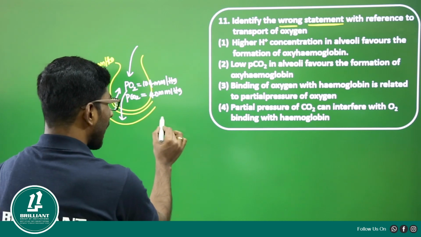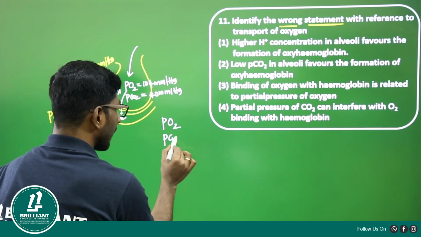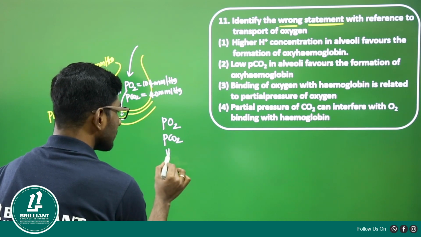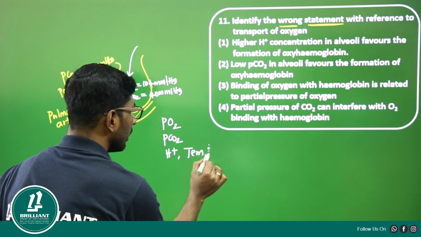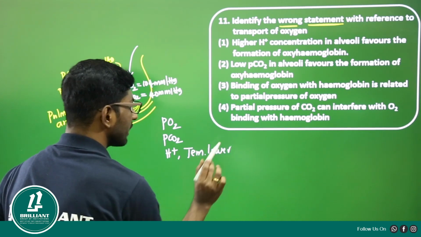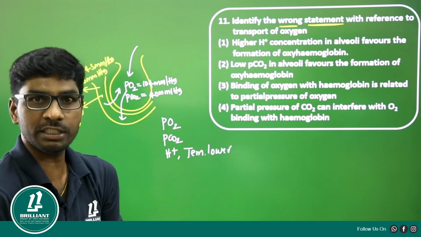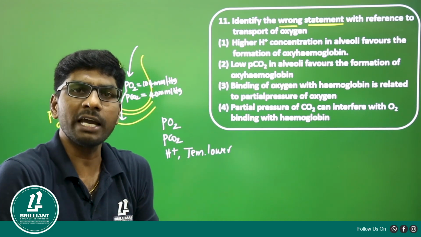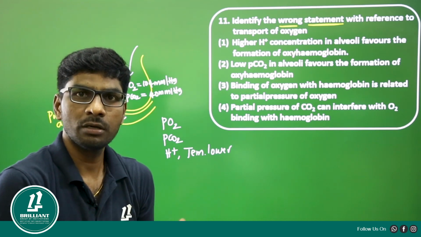Number 1, partial pressure of oxygen, partial pressure of carbon dioxide, H plus ion concentration and temperature, lower temperature. Higher H plus ion concentration in alveoli. When higher H plus ion concentration, it is acidic. Yes or no?